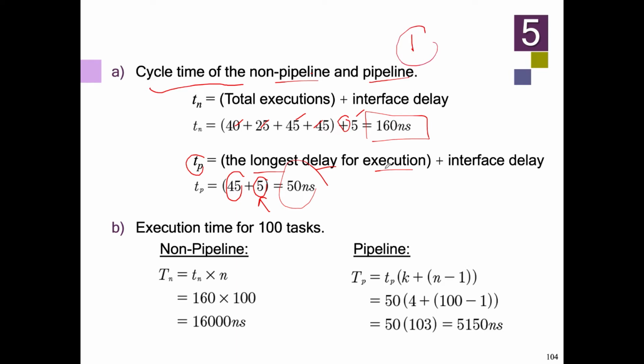But if you have multiple tasks, which is instructions, say there are 100 instructions, what you need to do? First, you need to look into non-pipeline.